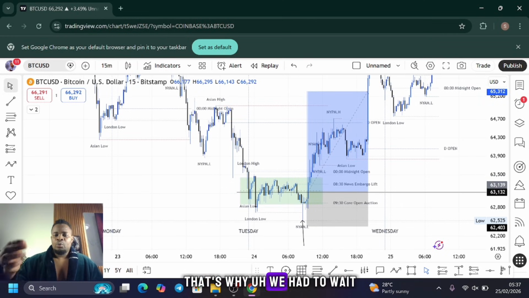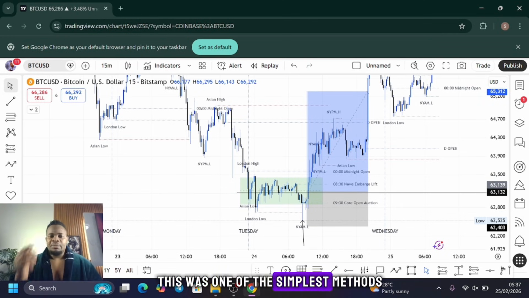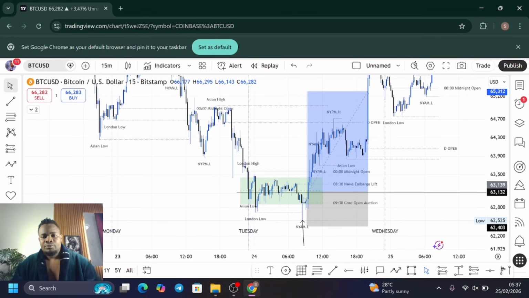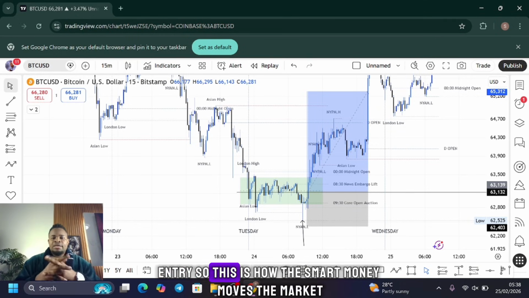That's why we had to wait. This was one of the simplest ways to get that entry. This is how smart money moves the market.